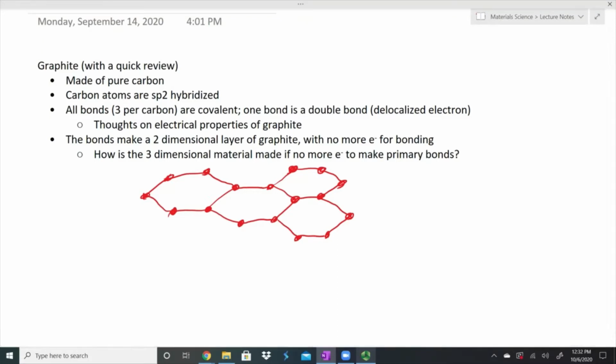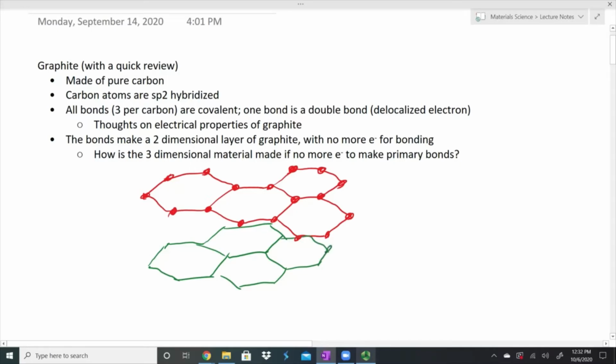I'm going to have this second plane of graphite, and it's going to be bonded in the same way. These are all covalent bonds, and at each one of these junctions there is a carbon atom.